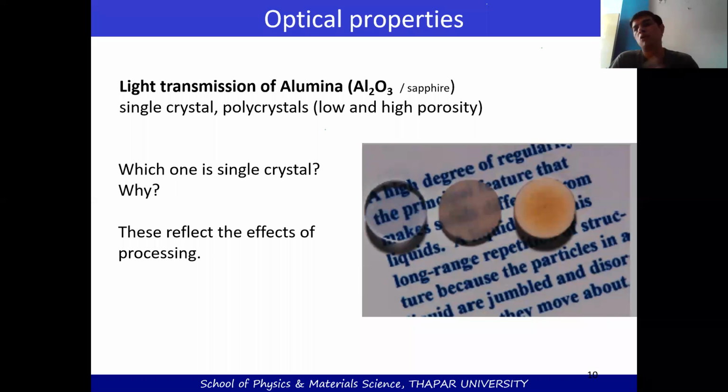The one which looks transparent to us, you can easily predict what kind of structure it possesses. It possesses a glass-like structure, because glasses are transparent to the visible light, while the semi-transparent case is the one which possesses a short range order, or you can say some form of minor ordering, some crystallinity in it, and the one on the right hand side possesses a completely perfect crystal structure, which we call the single crystal.